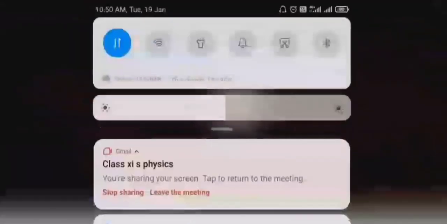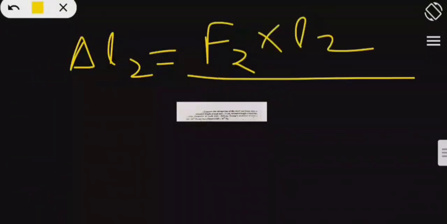Okay, so now let me write down delta L2 according to the previous formula, just copying that one. F2 into L2 divided by pi R2 square multiplied with Y2.